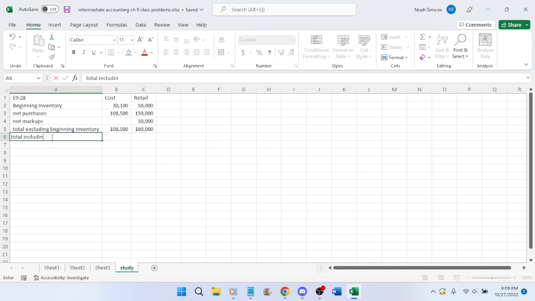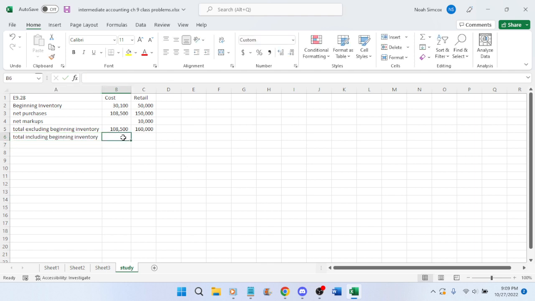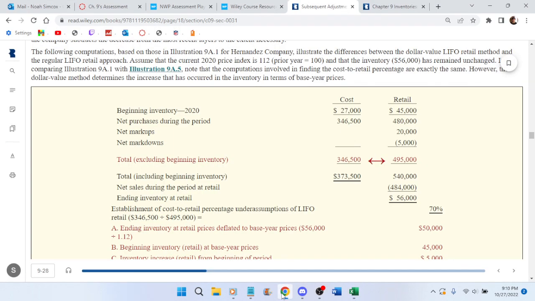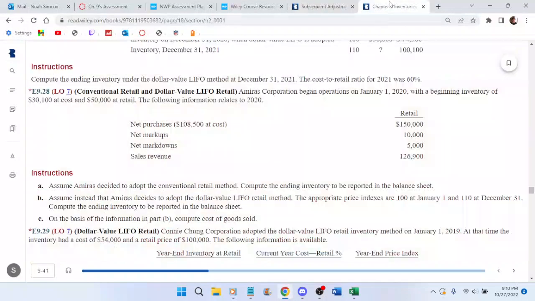Total including beginning inventory equals this plus this. This equals this plus this plus this. So there. Now you can keep going with, oh no, don't look at the answer.